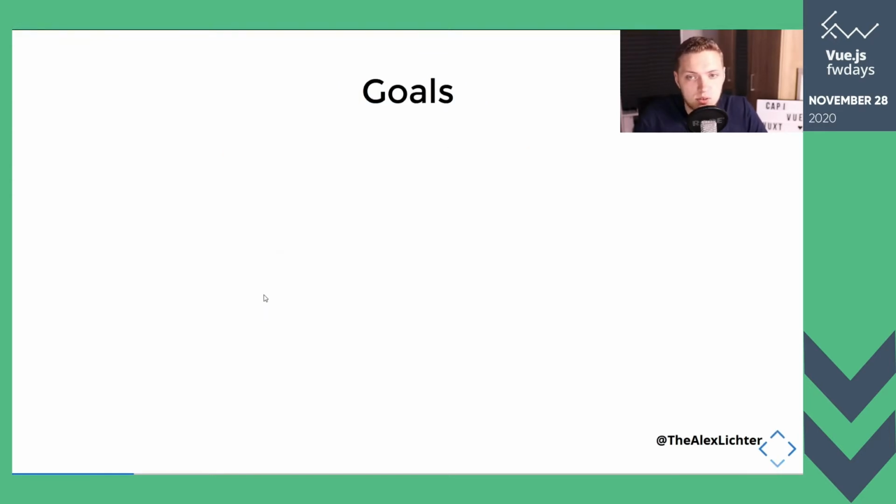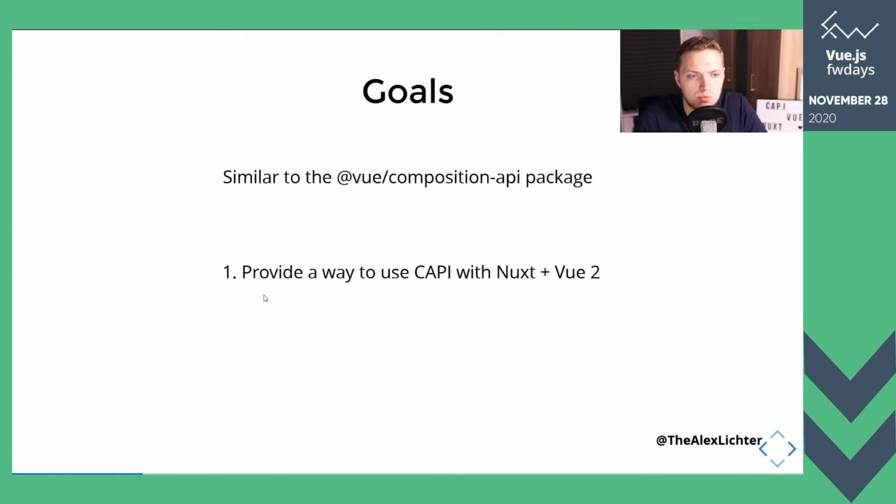So let's look at the goals of that module. And I would say they are very similar to the Vue composition API package goals. The first goal is that we want to provide you, developers, a way to use the composition API with Nuxt and Vue 2 in its full beauty. Like almost no limits. That means not only in sub-components, but also in page components, and also with all these Nuxt-specific functionalities.